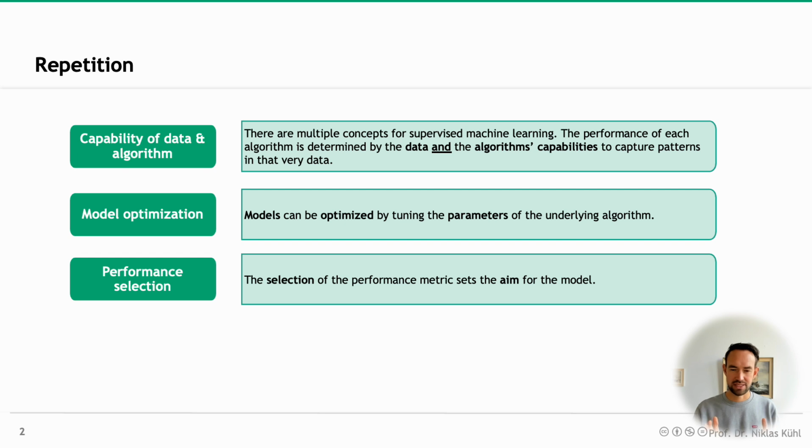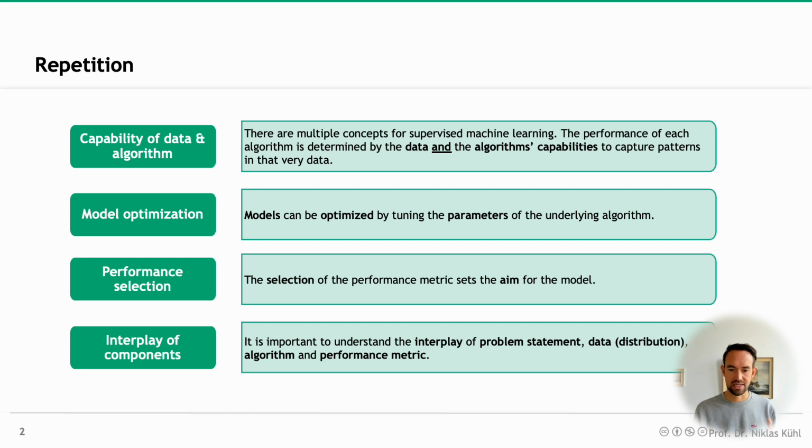Again, I want to stress that they set the aim for your overall endeavor. So choosing them needs to be a very reflected thought process. Think again of your initial business problem here. Which performance metric addresses that initial problem that you try to solve in the real world?